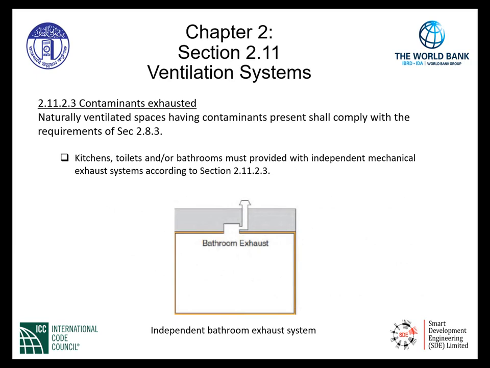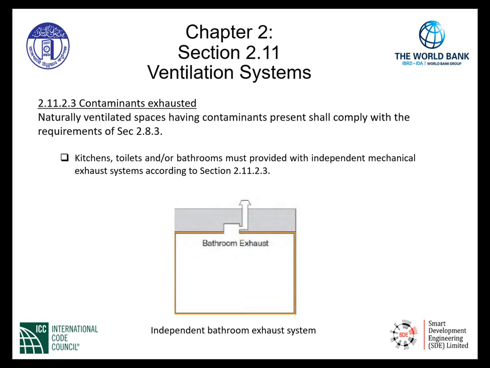The contaminants that need to get exhausted cannot be overlooked here. That's why section 2.11.2.3 provides this requirement when we have naturally ventilated spaces. When we have these naturally ventilated spaces having contaminants present, these areas or spaces need to comply with the requirements of section 2.8.3.